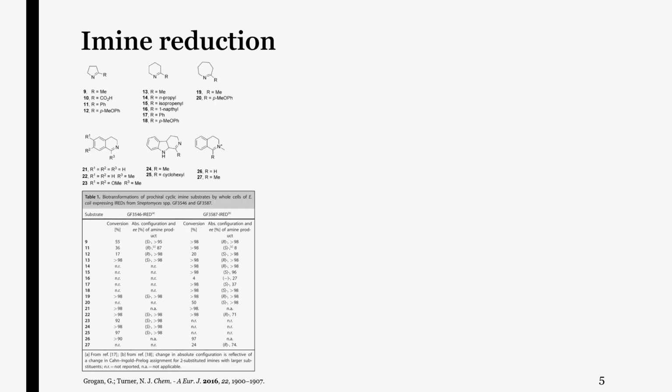Based on the research of Mitsukura, Nick Turner, Gideon Grogan and many more investigated different kinds of substrate scope for the imine reductases. Therefore, here they published a very nice review about 5-membered cyclic imines, 6-membered and 7-membered ring structures, as well as aromatic imines, which are accepted by these two R- and S-selective imine reductases.